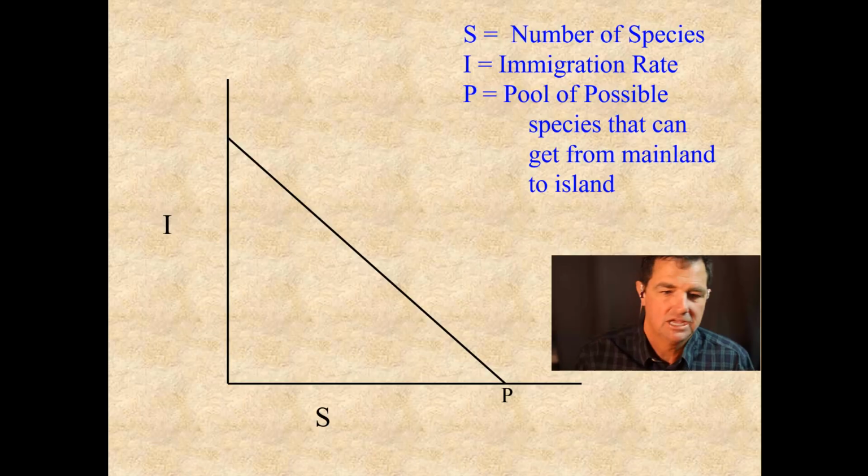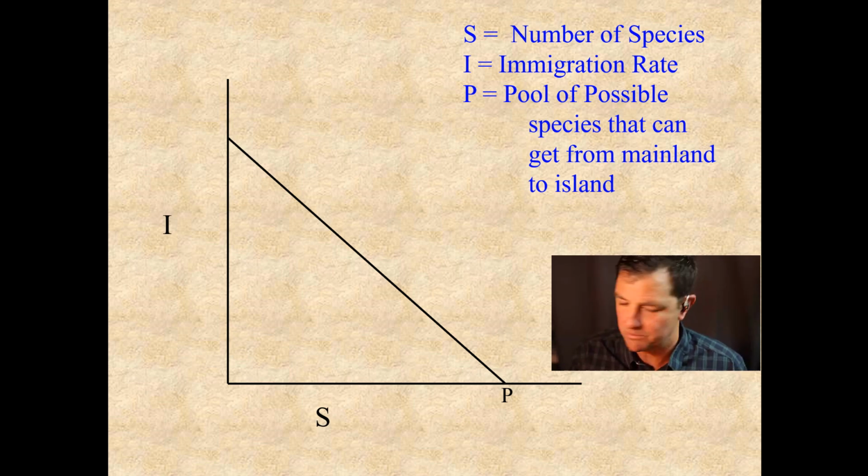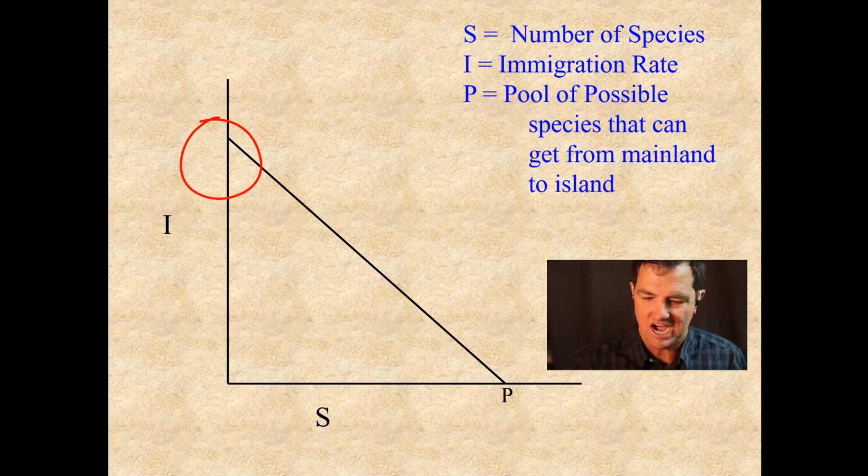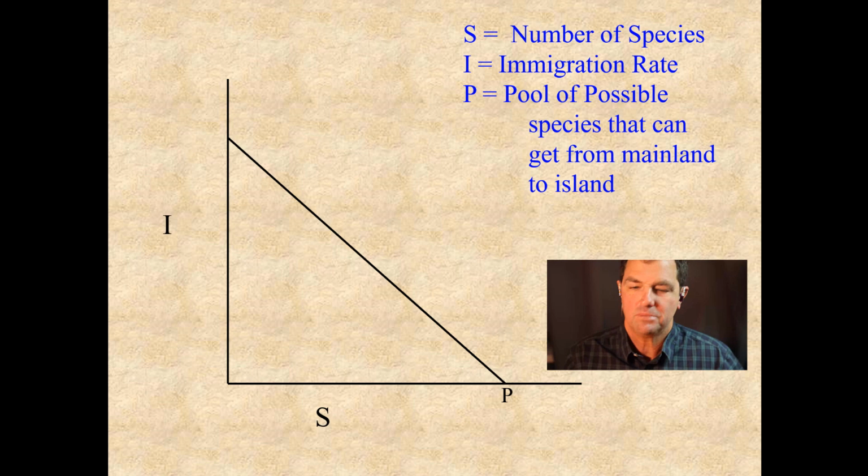There you go. So this graph shows you the relationship between the immigration rate, represented here with the letter I, and the number of species on an island. Notice the point on the graph here: the immigration rate in the beginning is very, very high. As the number of different species on the island increases, the immigration rate goes down because the habitat is being used up by the organisms that are already there.